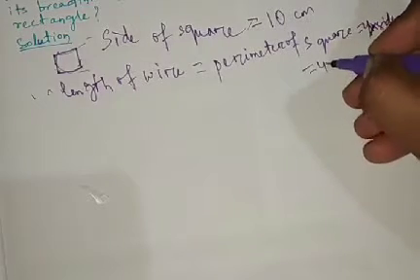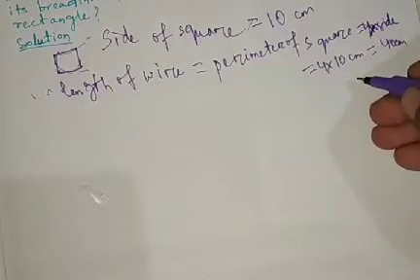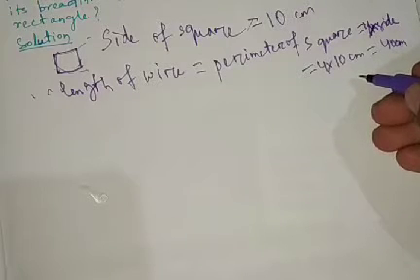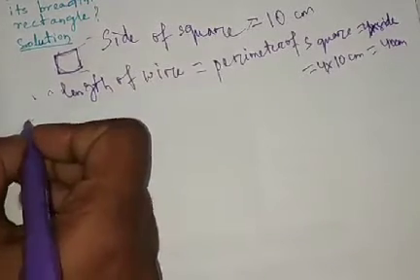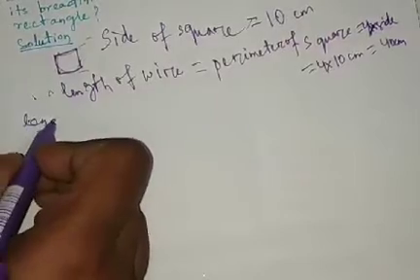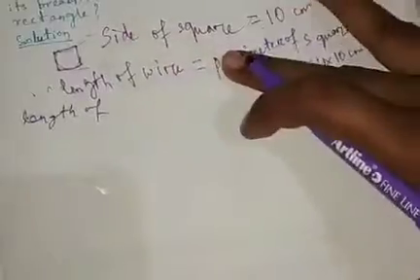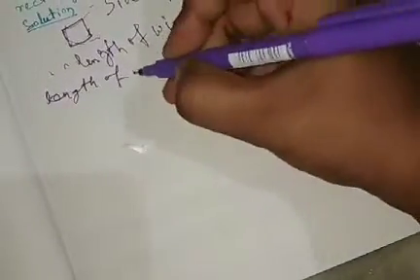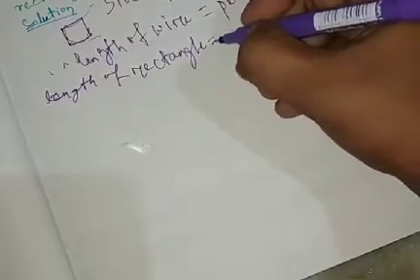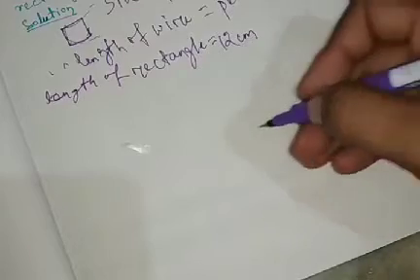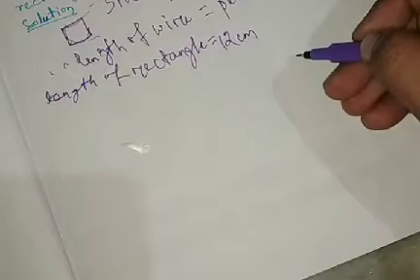So 4 into 10 cm equal to 40 cm. Next, length of rectangle. Already given. What is the length of rectangle? Length of rectangle equal to 12 cm. It is already given. So we have to find out the breadth of rectangle.